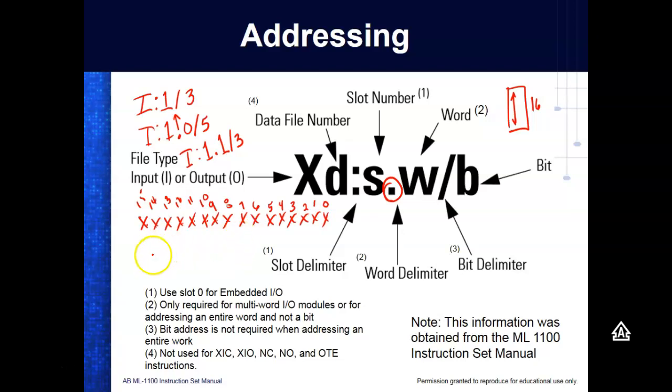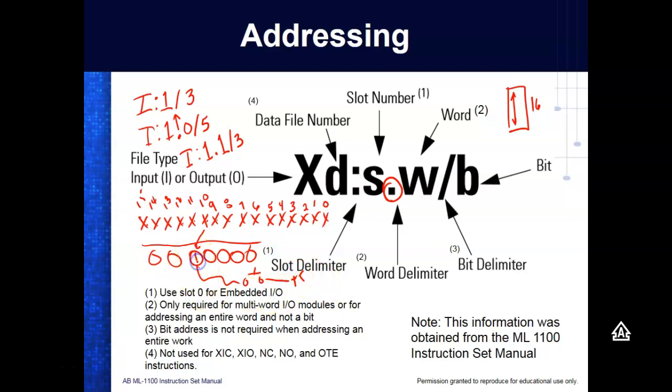So if I look at the input module, we got all these screws on here, and we got 16 of them. And then one of them is going to line up to bit 10. So I'm going to connect a push button up to this, and right now we'll hook it up to plus DC.